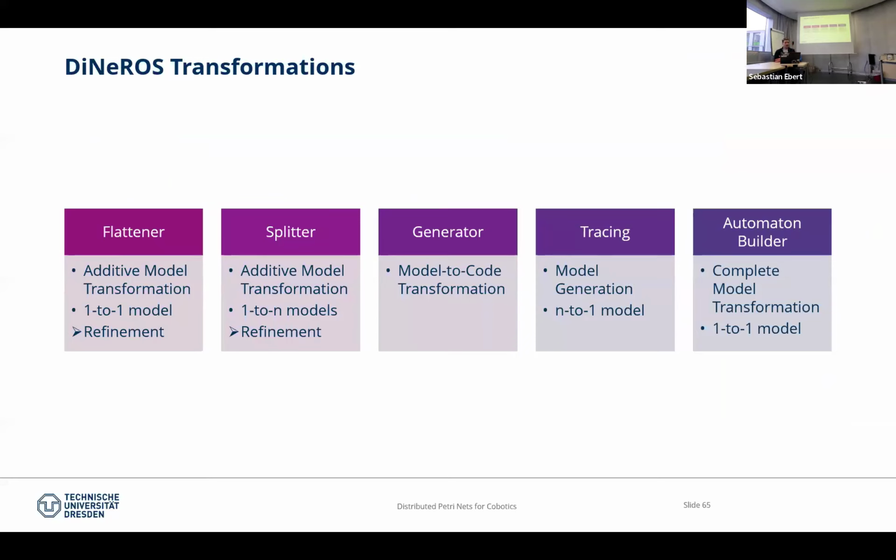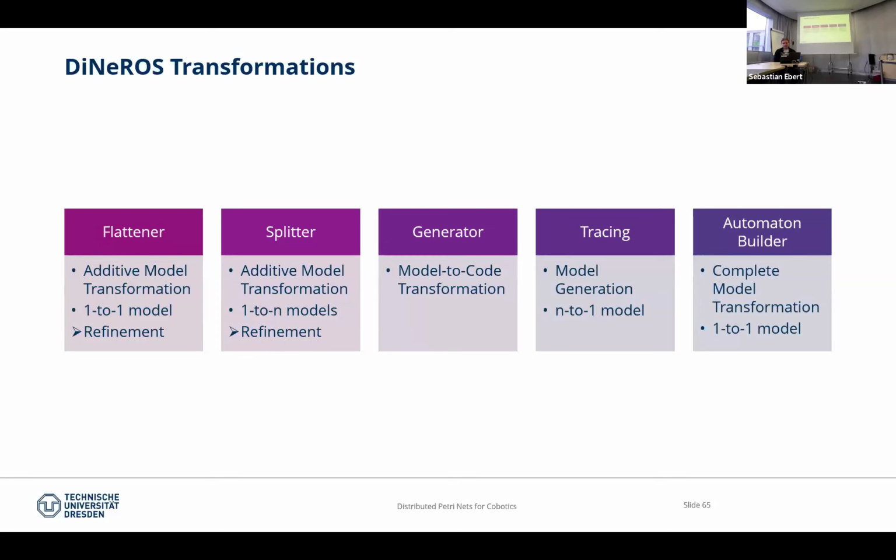In our case, it generates Python code for the 2 applications, and for our initial ROS work, we generated ROS Java code. Then we have the tracing, which is also some kind of model generation because we generate a trace model. And finally, the automaton builder, which is again a model transformation, one-to-one.